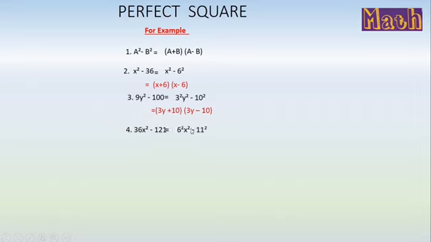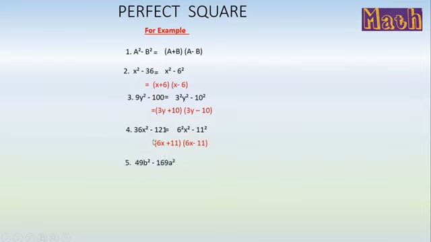I will pick the 6 and add it to the 11, but note the 6 has x attached to it, so it becomes 6x plus 11, then 6x minus 11. Note, I can interchange them: I can bring the 6x minus 11 here, then 6x plus 11 here. When I expand, I'll get back to 36x squared minus 121.